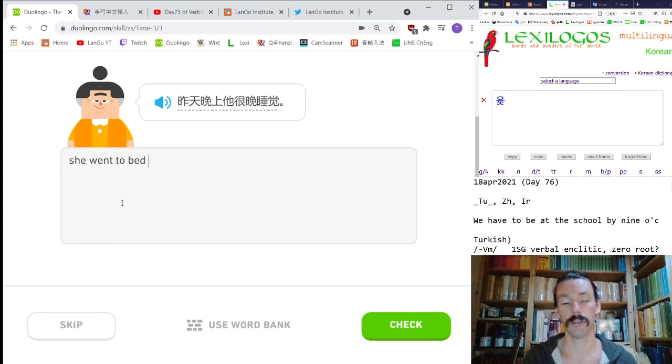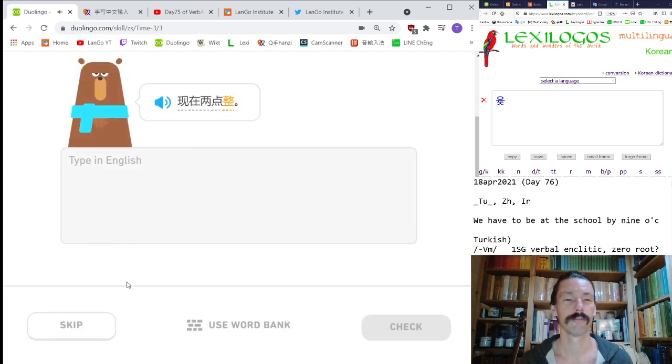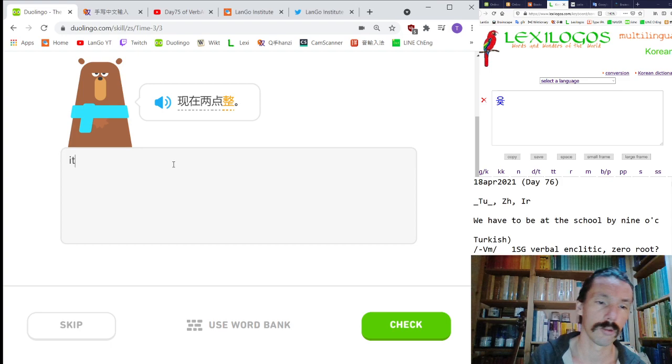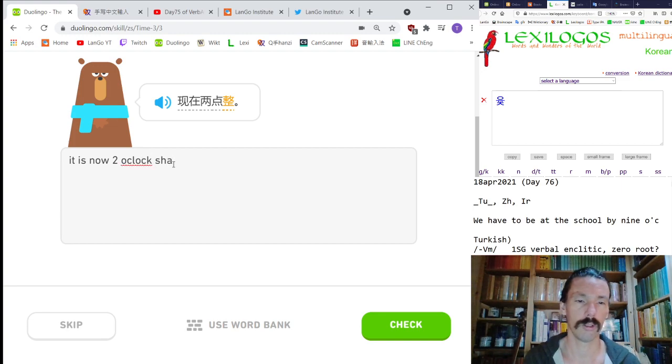Went to bed late is fine. 昨天晚上, last night, yesterday evening. Late last night. 现在2点整。 So a sequence of third tones here. It is now 2 o'clock sharp.